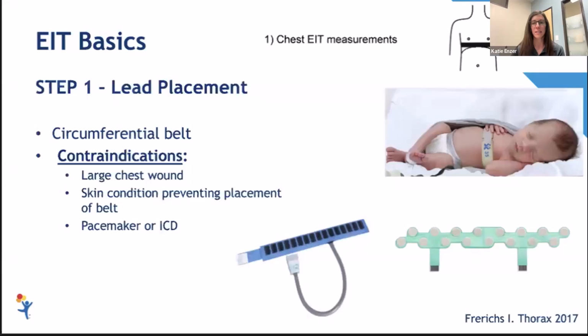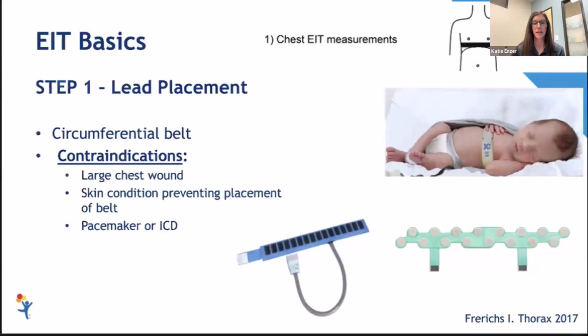So we'll talk about the steps for performing an EIT study. First, you'll need to place the electrodes circumferentially around your patient's chest. Typically, an adhesive belt with embedded electrodes can be applied to the baby's chest, and some EIT systems may also require a ground electrode.